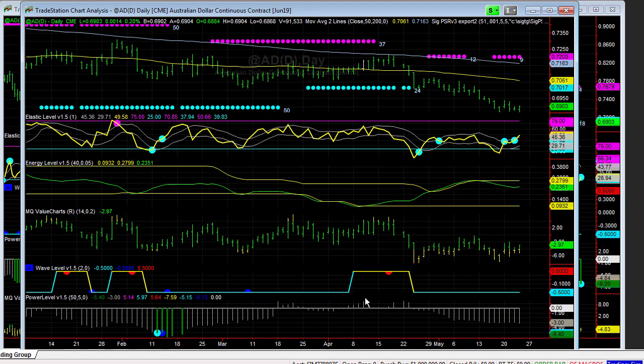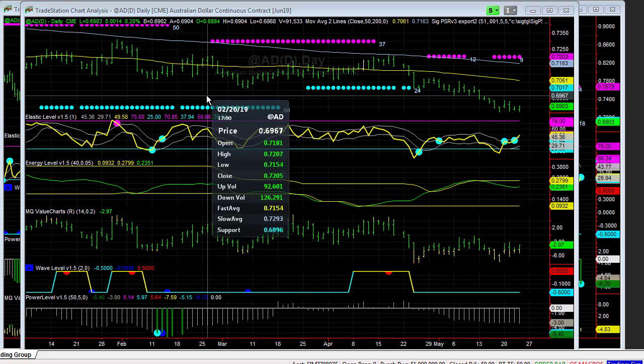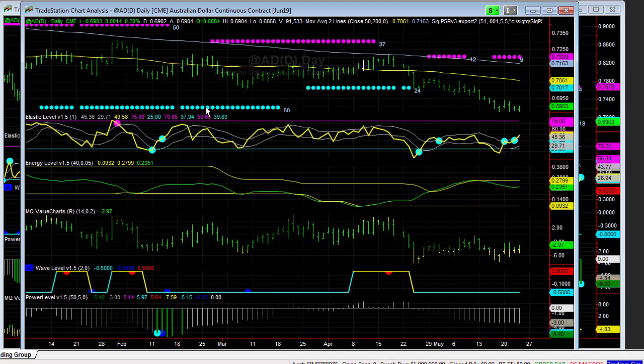Either way, I think we're going to see an opportunity here for the upside in the Australian dollar, assuming we can stay above this particular level, which is 68.96. That's what this level is right through here, and we're essentially on that at the present time. So I expect volatility to increase across the board with the currency markets, and we'll see whether the Australian dollar maintains itself and the other markets come to it, or if things quiet down, not for the other markets, but for the Australian dollar, and perhaps even for the British pound.